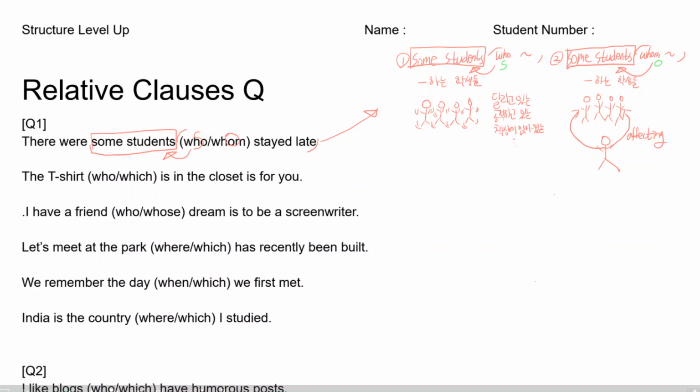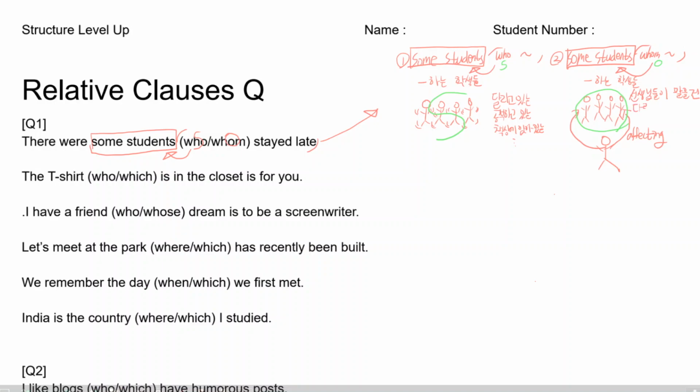So in this case, these students are object. In the previous case, these students are subject, right? Do you see the difference? So in this case, we could come up with sentences like 선생님들이 말을 건 학생들. These students are objective, right?